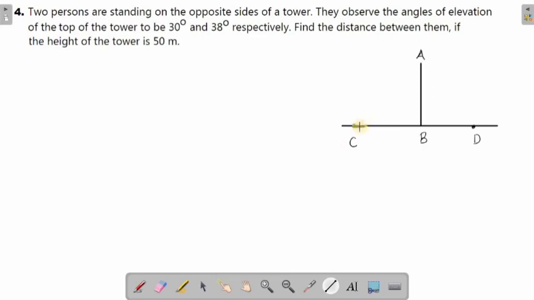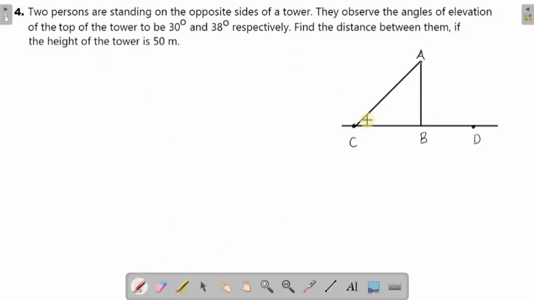So for one person in one side, the angle of elevation to the top of the tower. So you see, this is the top of the tower, isn't it? Okay, so this is the top of the tower and this angle of elevation is given to be, how much? It is given to be exactly 30 degree. This angle is given to be 30 degree. So let me mark it.